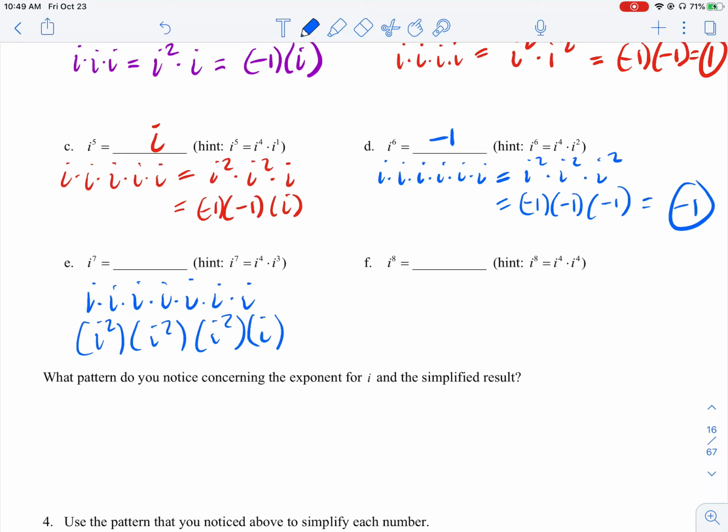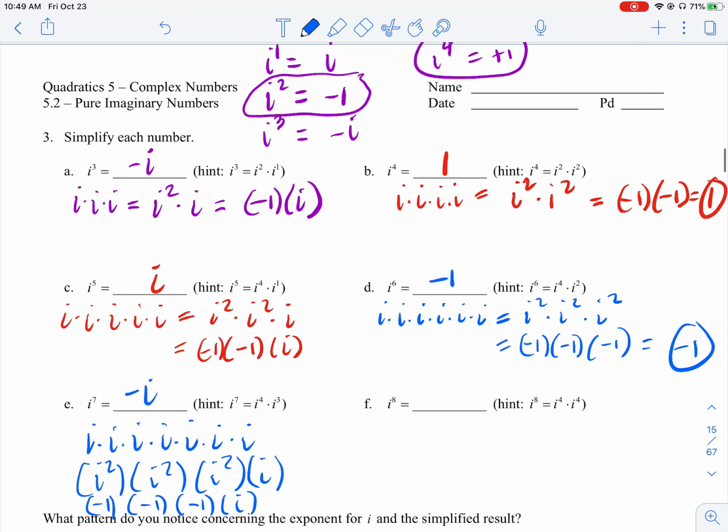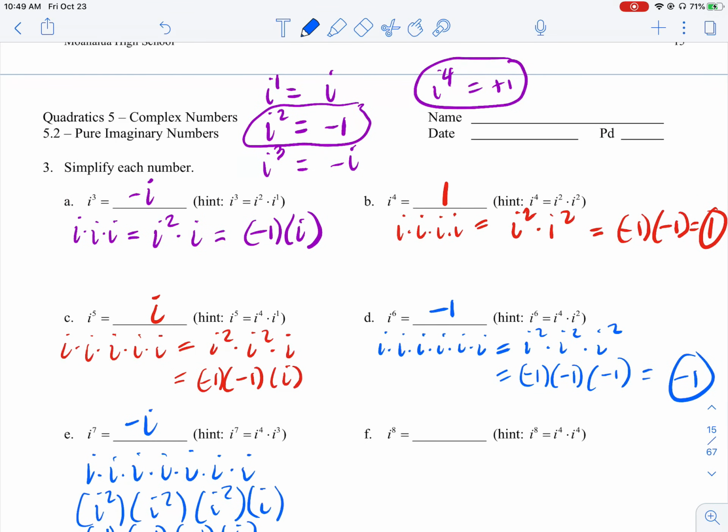Because this is 1, 2, 3, 4, 5, 6, 7. And then this is a negative 1, negative 1, negative 1, i. Negative 1 times negative 1 is positive 1. Positive 1 times negative 1 is negative 1. Negative 1 times i is negative i. See, it went back to the pattern.